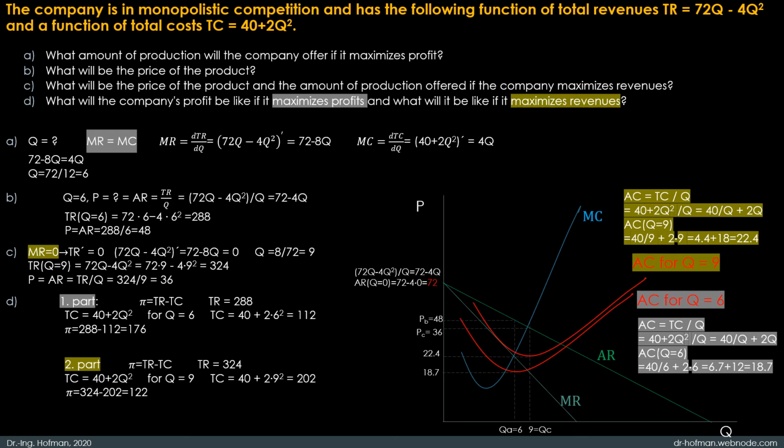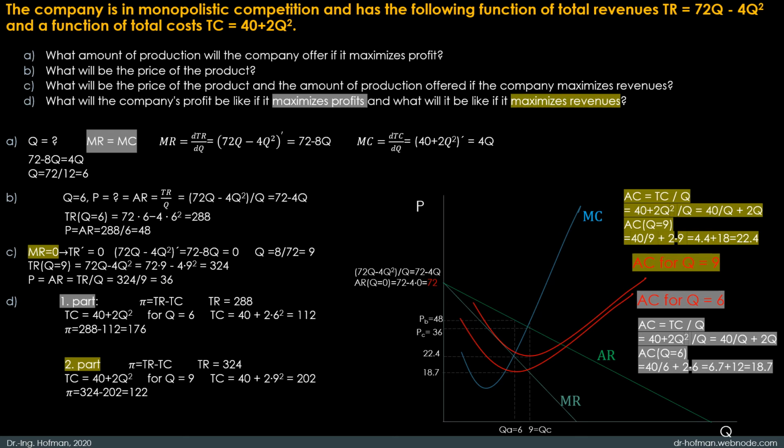And the other point, 18.7 on p-axis, when company maximizes profit, then we again have AC equals TC over Q, that stays the same, but for Q it is 6. I get 40 over 6 plus 2 times 6, which is 6.7 plus 12, together 18.7.